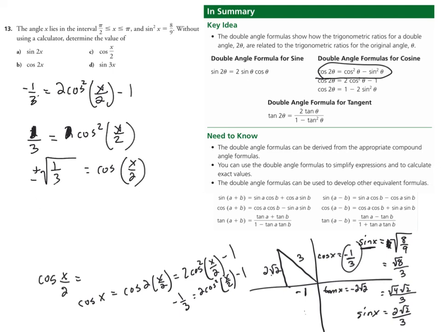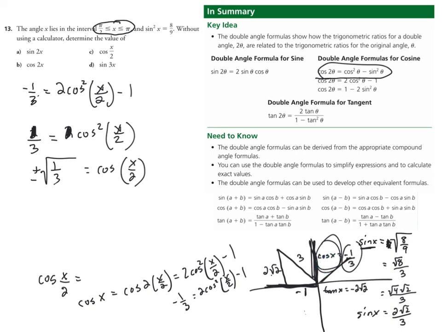Now we do know that x lies somewhere in the second quadrant, so somewhere between pi by 2 and pi. So half of x is going to be half of that. So the most it could be is pi by 2, and the least it could be is pi by 4. So it's going to be somewhere in this region. So the cos is definitely going to be positive. Right?